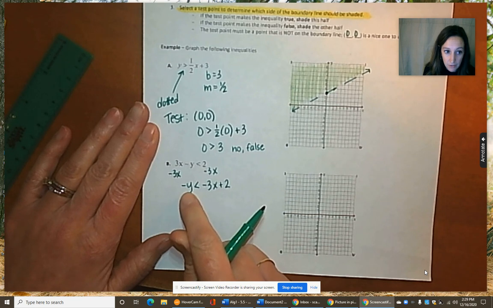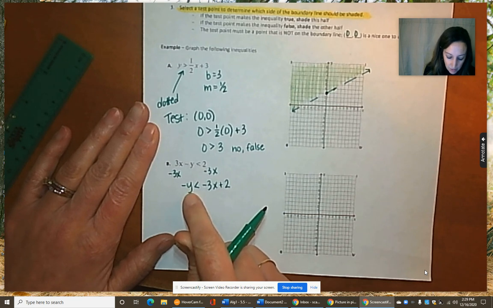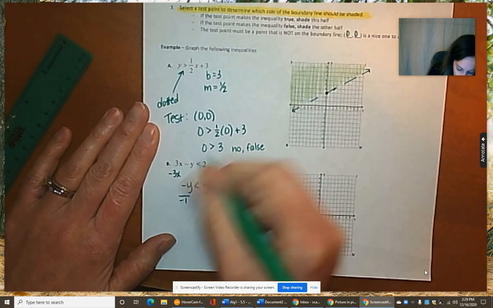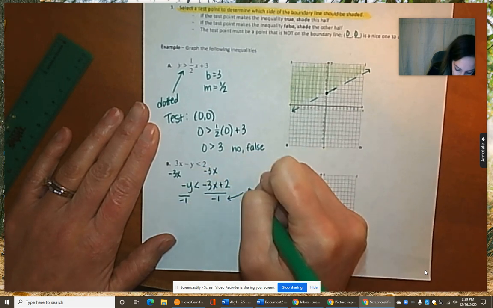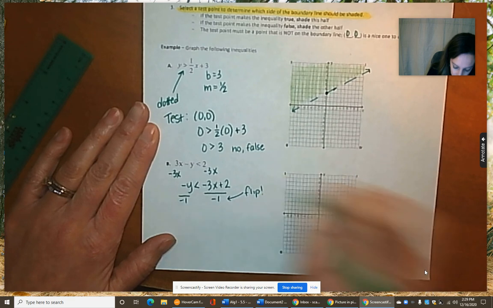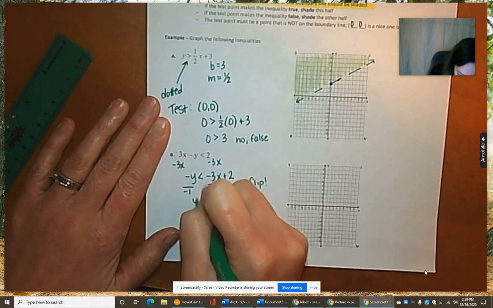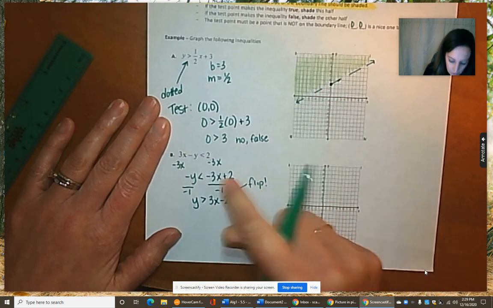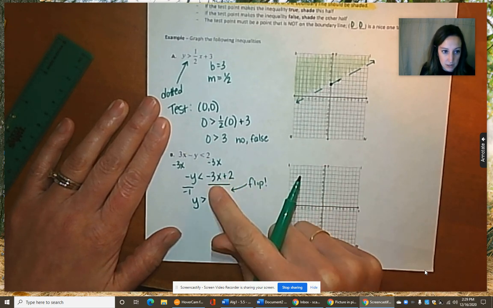Don't forget that if I need to get my y to be positive and I have to divide by a -1, then when I divide by that -1, my sign flips. So then I get y is greater than 3x minus 2. Because each of those terms get divided by that -1.